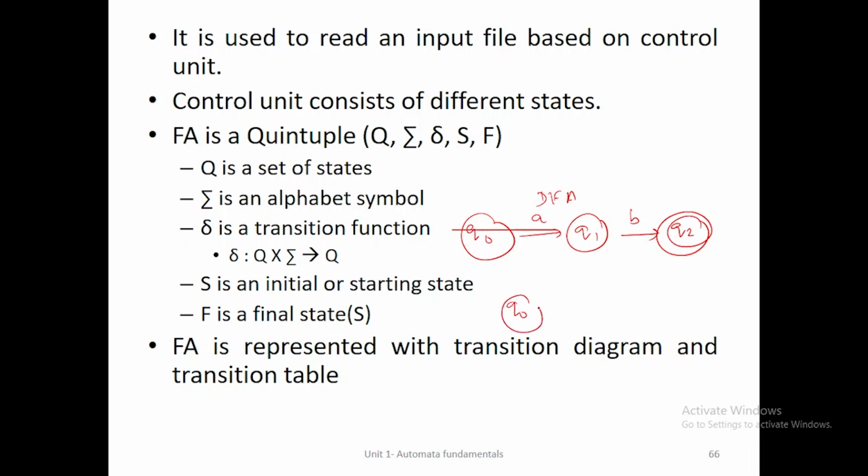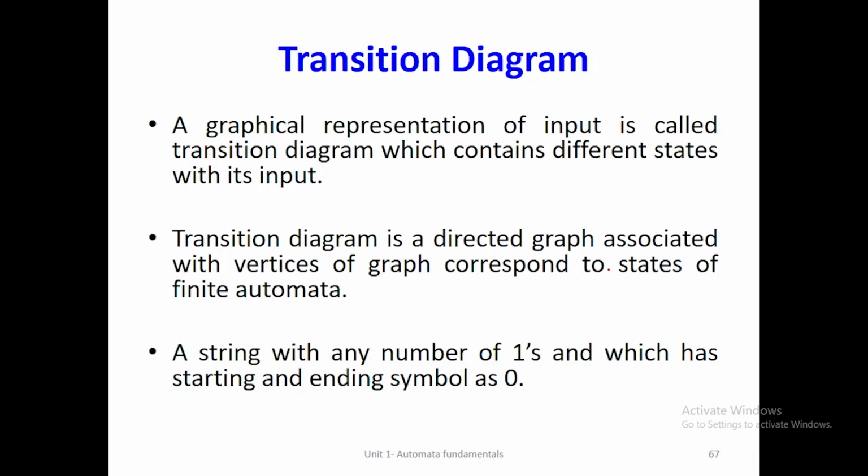NFA means for the same input symbol, there may be the possibility of more than one output state. Look at this: on Q0 with A, only one output state is there. But if you consider Q0 with A, there may be the possibility of two states. So this is called a non-deterministic finite automata. This is the basic difference between NFA and DFA.